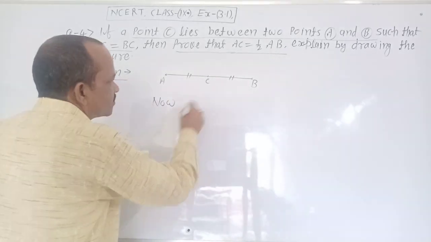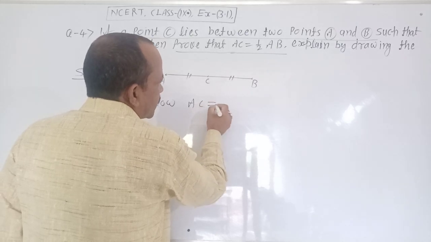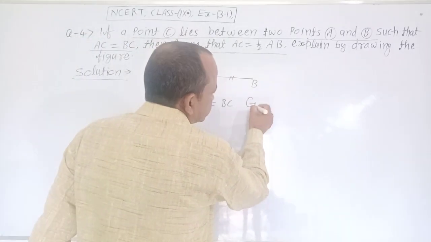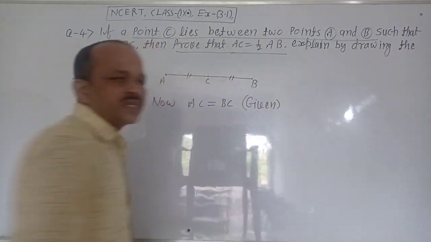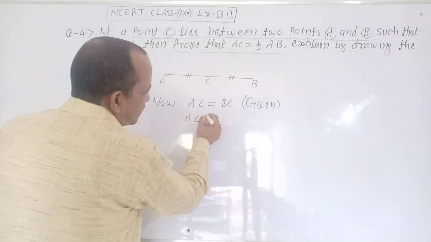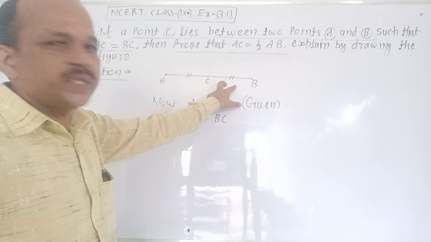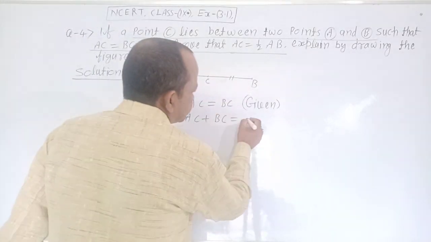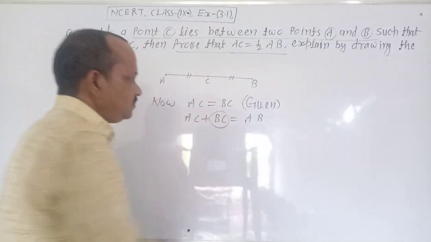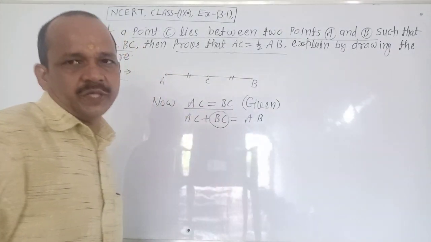Now AC equal to BC, given. AC plus BC equal to AB. You can write here AC, because AC equal to BC.